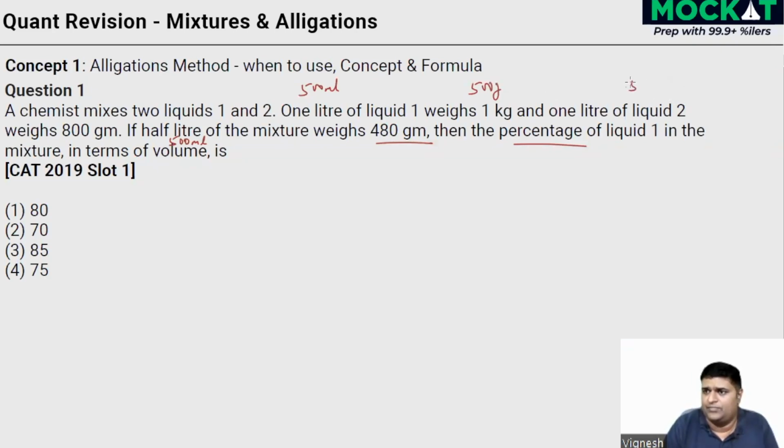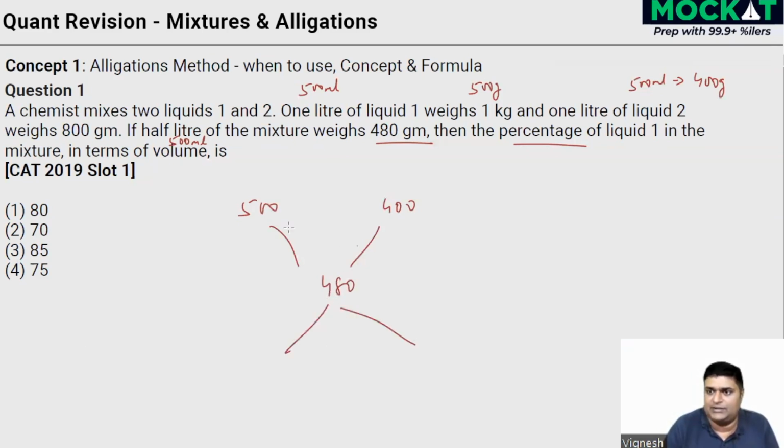And for liquid 2, 500 ml over here is going to give me half of this, which is 400 grams. And I just want to apply the average over here between the two. So 500 and 400 over here, when mixed, are going to result in 480.